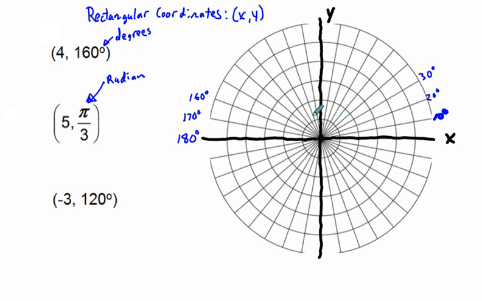Now, these rings are equidistant apart. So you can see that the first ring here will be 1, meaning radius 1, then 2, 3, 4, 5, 6. So this 4, for instance, is what's called a radius. And the second coordinate here, which in this case is degrees, is a direction.